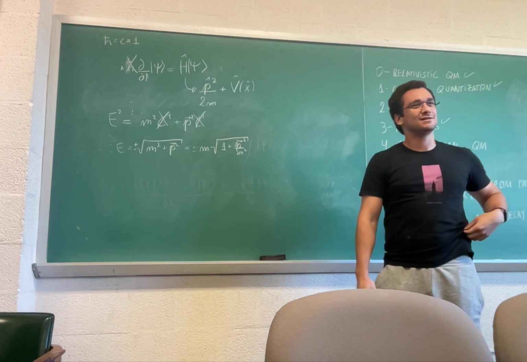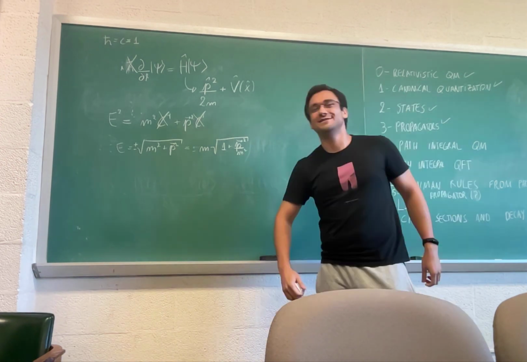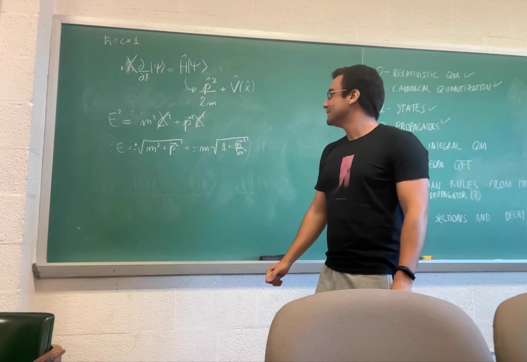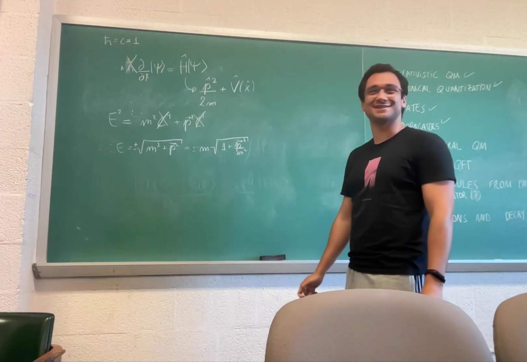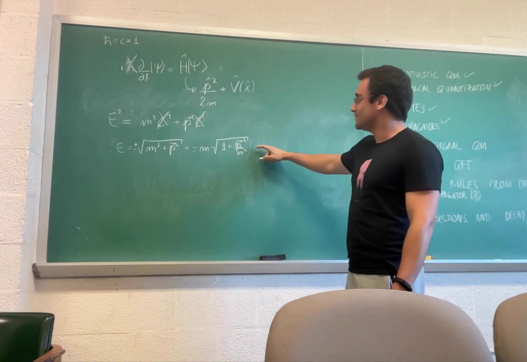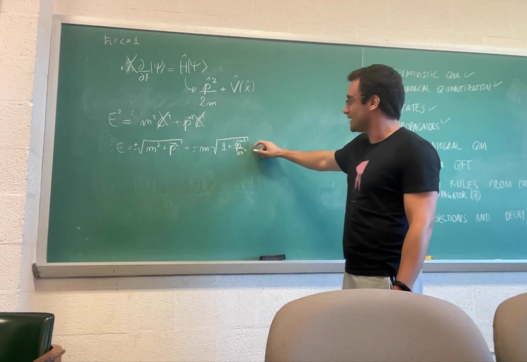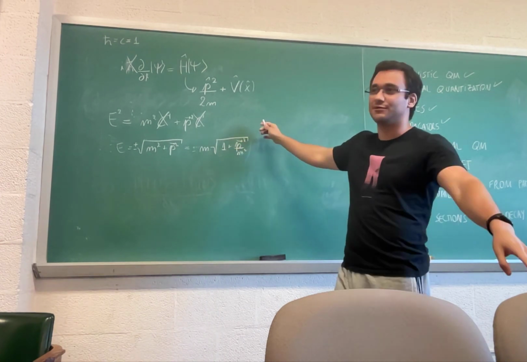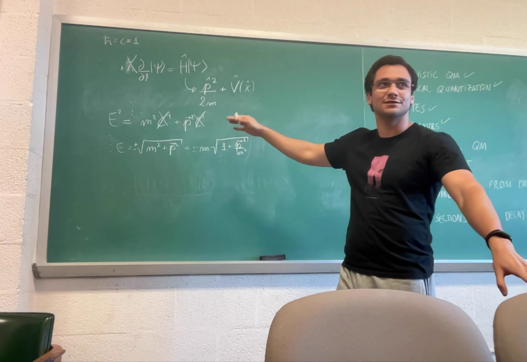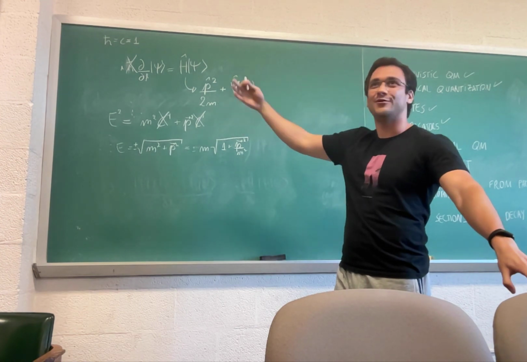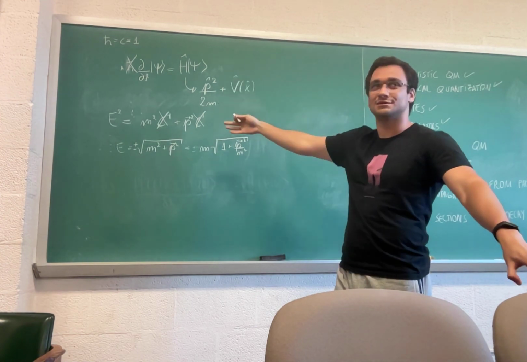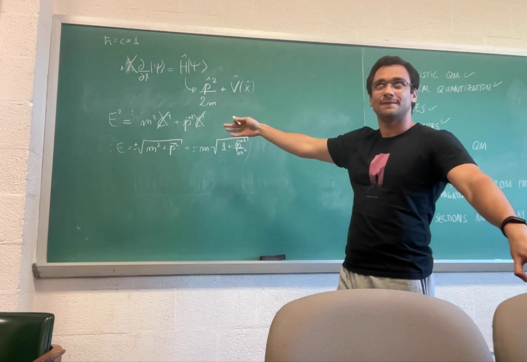Is this fine structure? Hyperfine? I don't know. One of those corrections. But the problem is, if you Taylor expand this, we have several powers of p. Every other term will always have two more powers than the previous one.